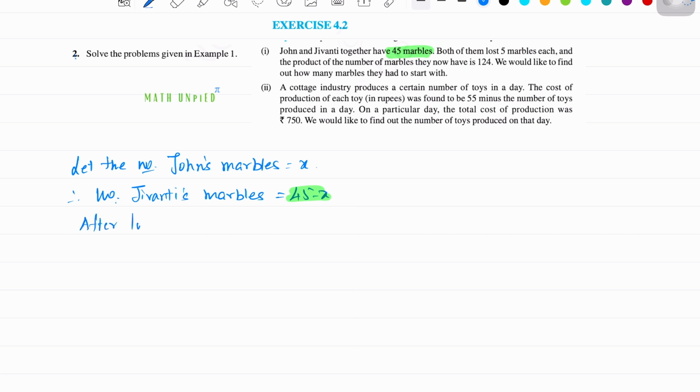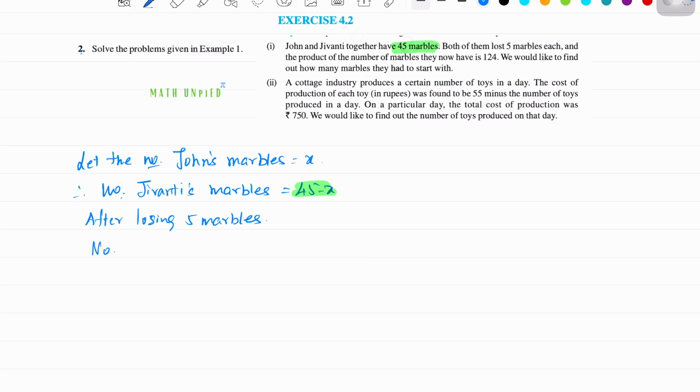After losing 5 marbles, the number of John's marbles equals x minus 5, and the number of Jivanti's marbles equals 45 minus x minus 5, which is equal to 40 minus x.